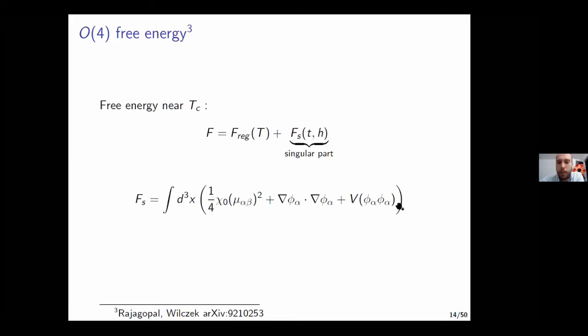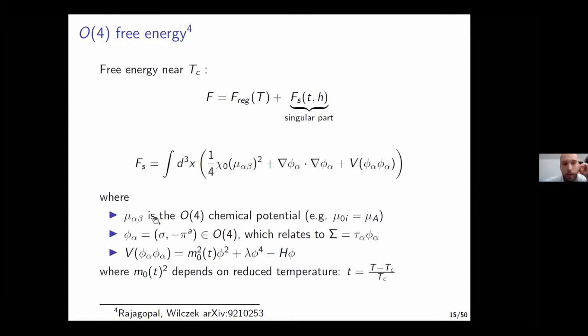You can see here that we have these superfluid degrees of freedom. mu alpha beta is the O(4) chemical potential, where alpha and beta are the O(4) indices, which might be a little strange, but I just wrote them out explicitly. For instance, if you look at mu 0I, this is just the axial chemical potential squared. This is exactly what Derek had in the previous talk, but written with the O(4) indices explicit.